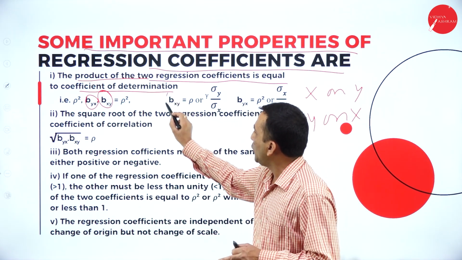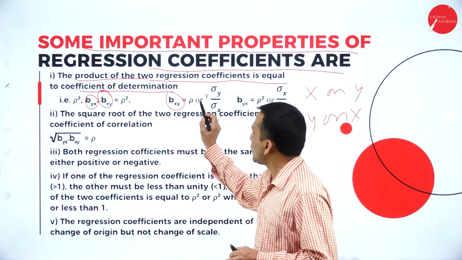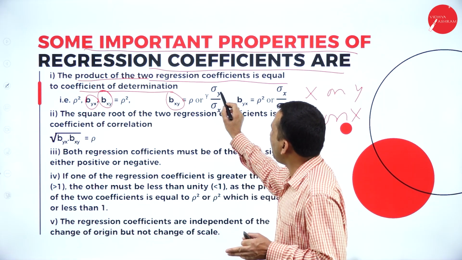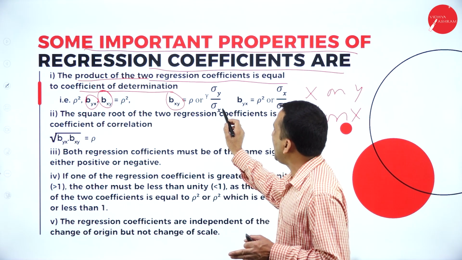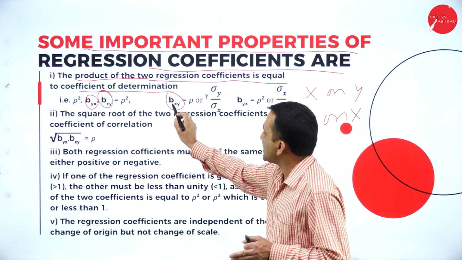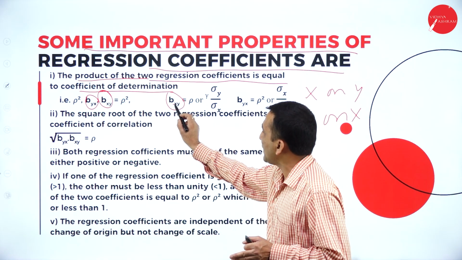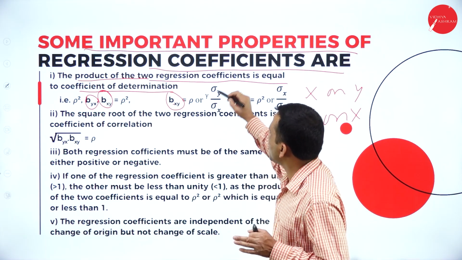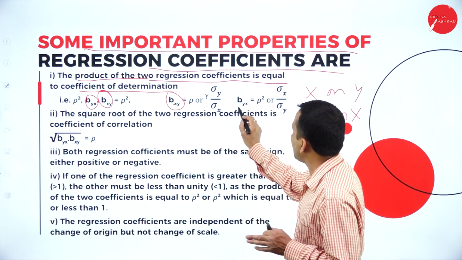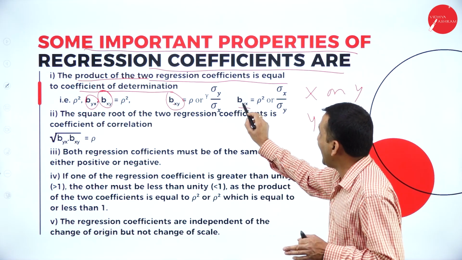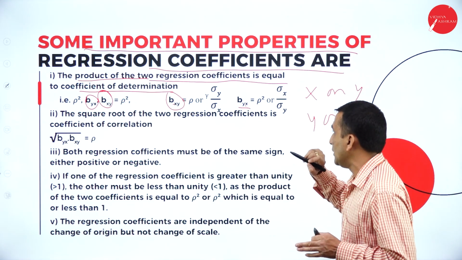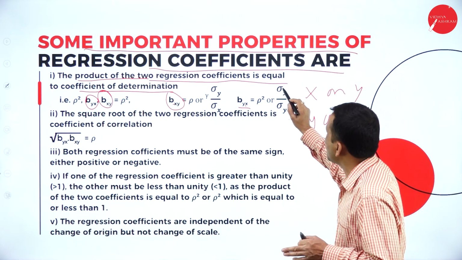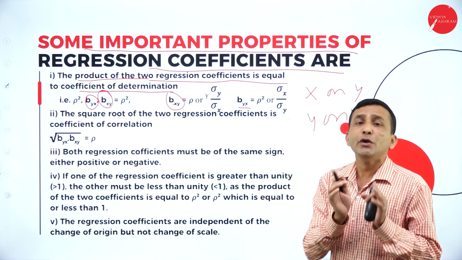If you find bxy, it is r times the standard deviation of y divided by the standard deviation of x. So in bxy, x comes first and goes to the denominator, and y goes to the numerator. For byx, y is first and goes to the denominator, and the standard deviation of x goes to the numerator.